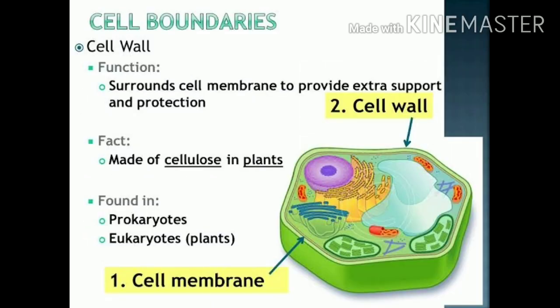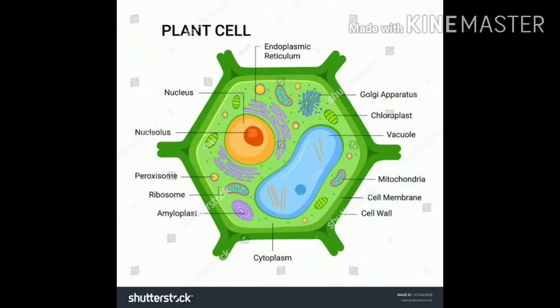wall. Cell wall is a rigid, semi-transparent, non-living outermost protective covering of the plant cell, fungi, and in some prokaryotes like bacteria. It is present outside the plasma membrane and protects the internal organelles from any damage.